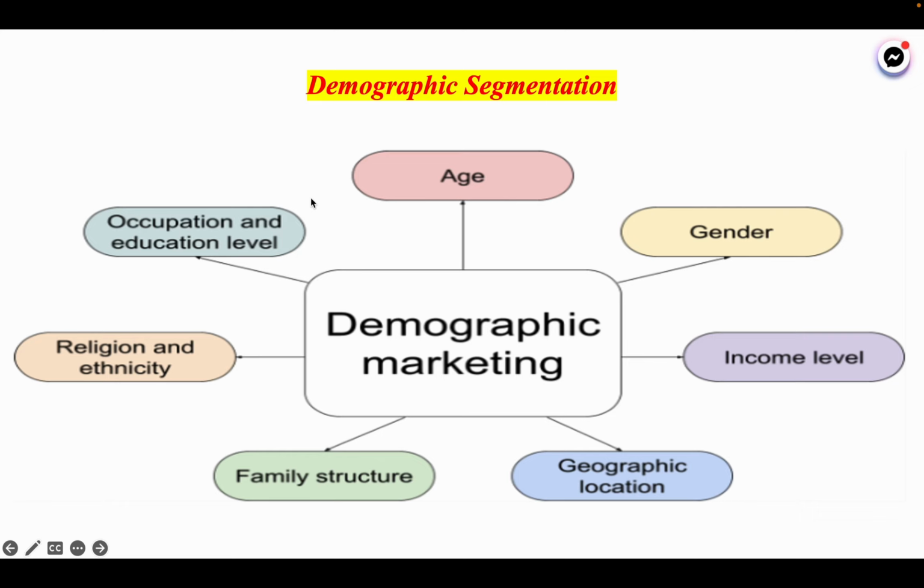If we talk about demographic segmentation of a particular product, for example the iPhone, first we check what age people like it more, what gender purchases it more, what their income level is, what their geographical location is, whether more are from villages or from metro cities, what their family structures are, whether it is a family of 5 or a family of 1, their religion and ethnicity, and their occupation and education level.